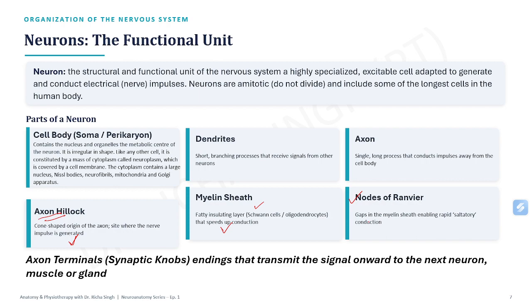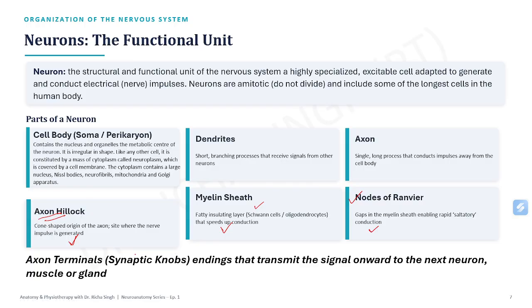And the nodes of Ranvier, lastly, are gaps in the myelin sheath where the axon is exposed. This is the place where saltatory conduction takes place, meaning the impulses hop. They jump rather than walking in a straight line, which ends up reducing the duration for an impulse to travel from one region of the neuron to the other.